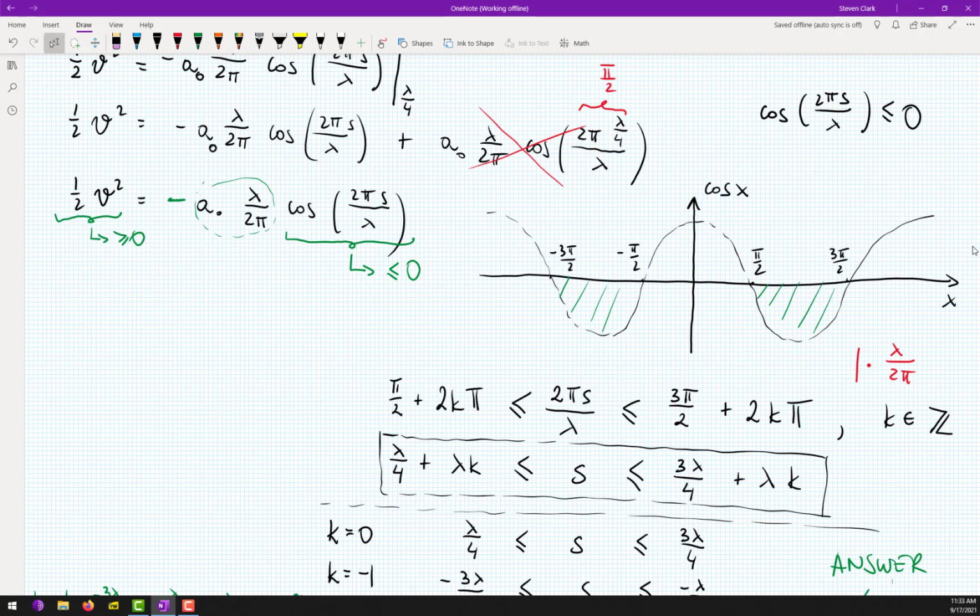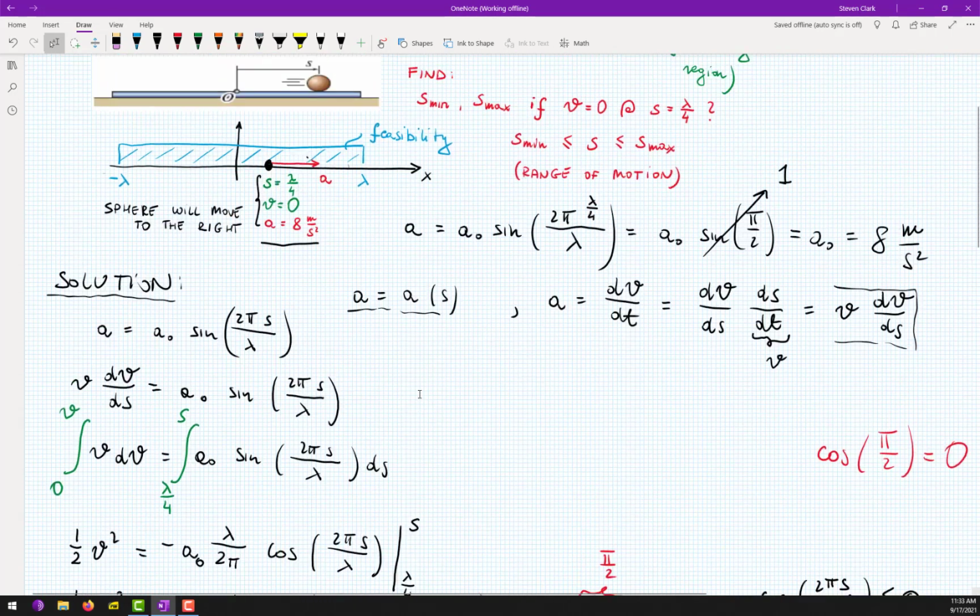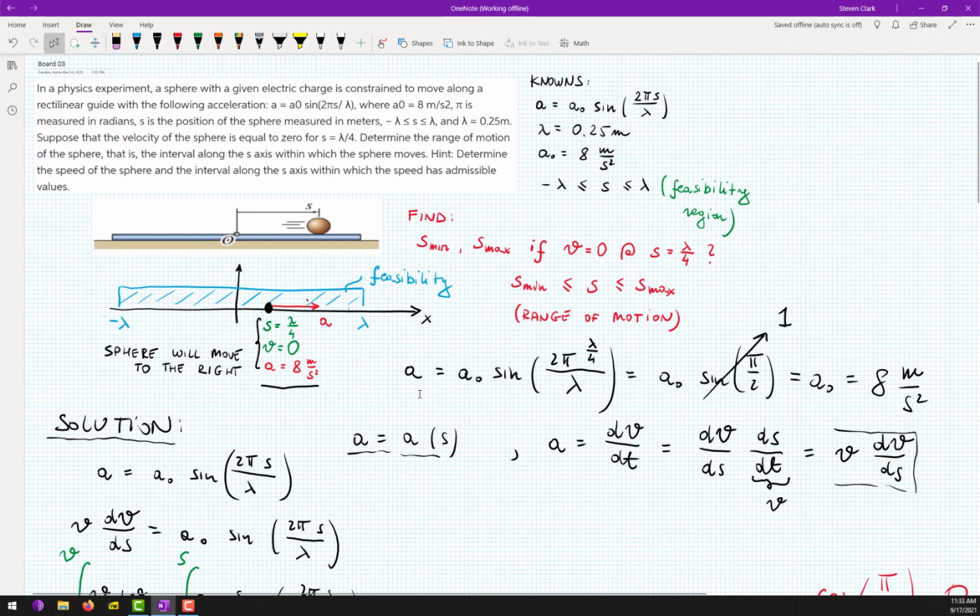Thomas, you had a question? I was just thinking, since the particle can move anywhere within the region, why can't it end up in the non-physical region? I don't know, because we started talking about how it can go this way and this way, and when it goes this way, it would end up in the region that we said wasn't possible.